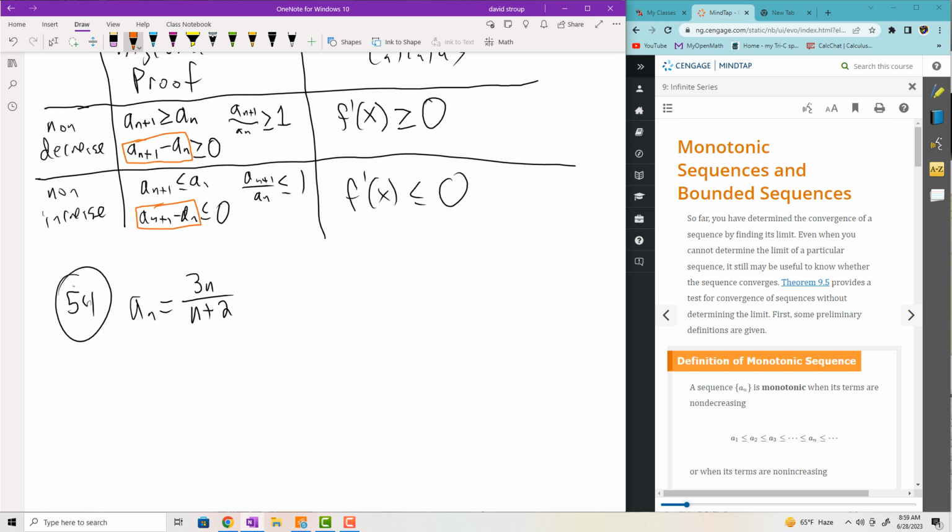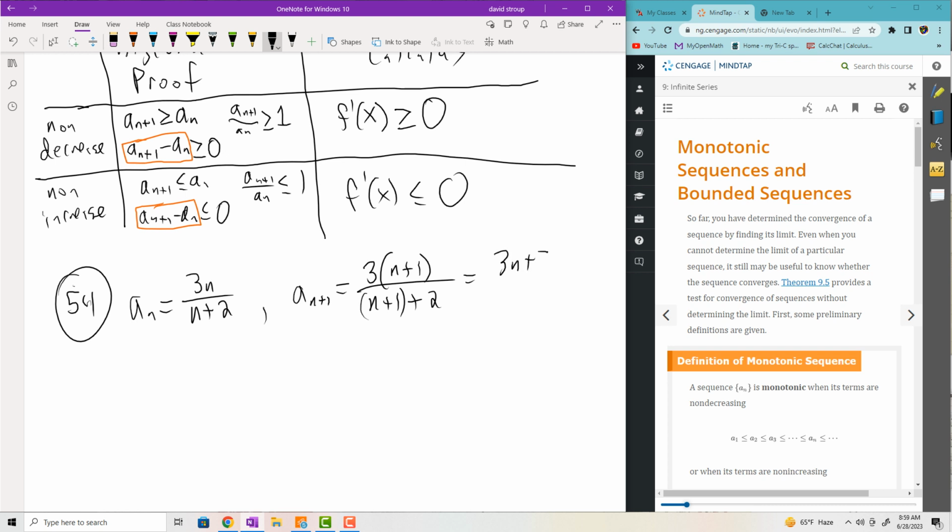Okay, so first I need to figure out what a sub n plus 1 even is, because maybe that's not clear, right? So what is a sub n plus 1? Well, that means just plug in n plus 1 wherever you see an n. So I have 3 times n plus 1 all over n plus 1 plus 2 in place of n plus 2. Okay, so I just replaced n's with the n plus 1's.